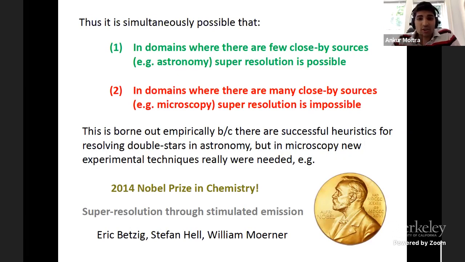And one thing I want to mention, which is actually the reason that I got interested in this in the first place, that's maybe a story for another time, but somewhat recently, back in 2014, there was a Nobel Prize in chemistry for super resolution cameras. And these super resolution cameras are about breaking the classical diffraction limit, even though we didn't really know what the diffraction limit meant in the first place.